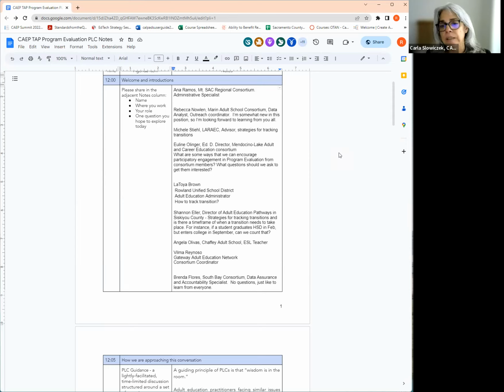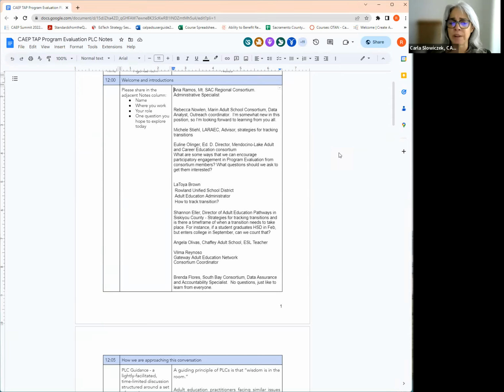So there's still some foggy stuff there, but we are pretty confident with what we would track in a situation like that. So yes, the student, we would count that as a transition to secondary.